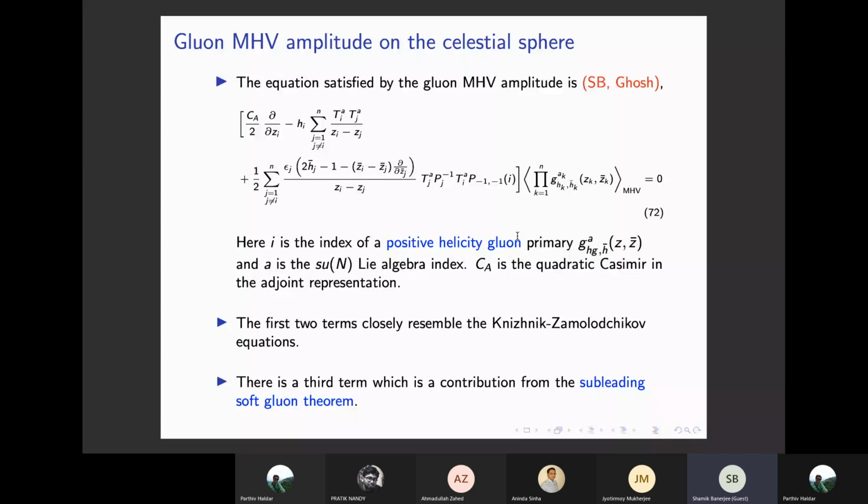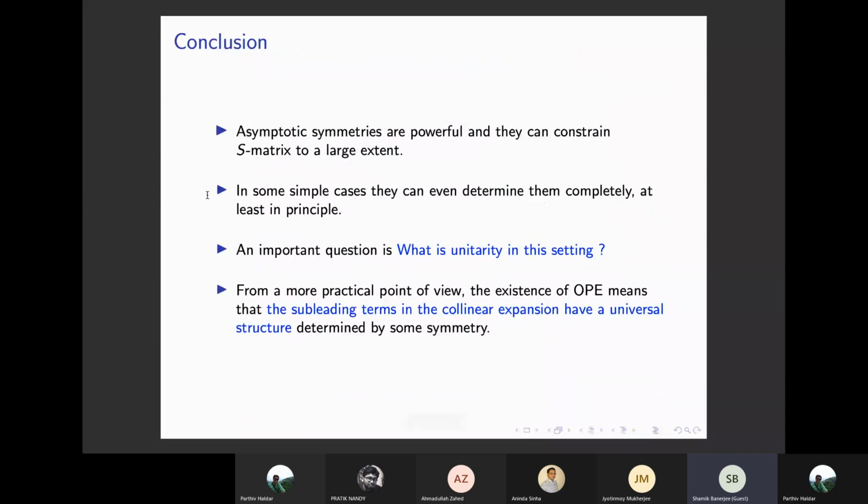Maybe not in practice, since we don't know how to solve them, but at least you can get those equations. As I said, in some simpler cases, like the MHV amplitude, you can determine them completely.